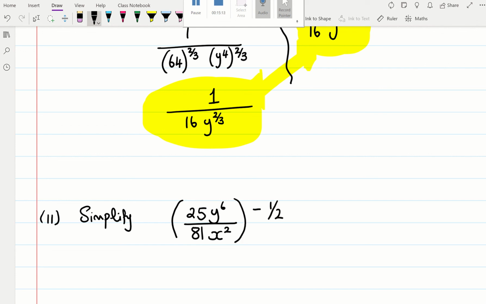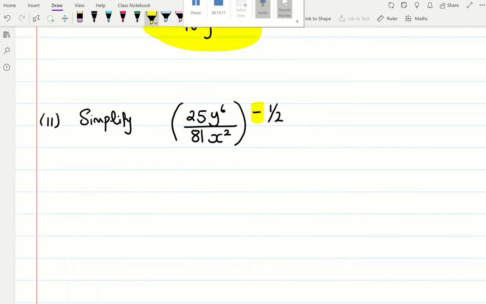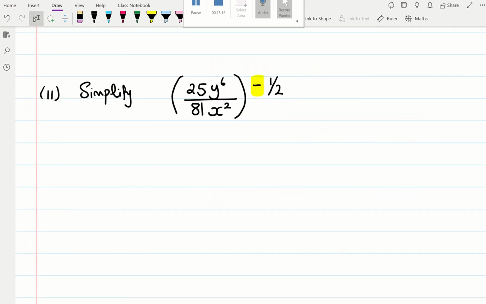So you've got that negative again. Now when you have a fraction, the negative turns the fraction upside down. So the 81x squared is going to be at the top, and the 25y to the power of 6 is going to be at the bottom.